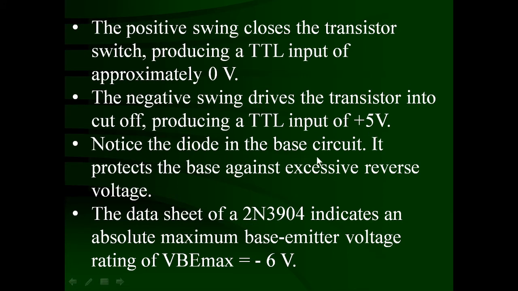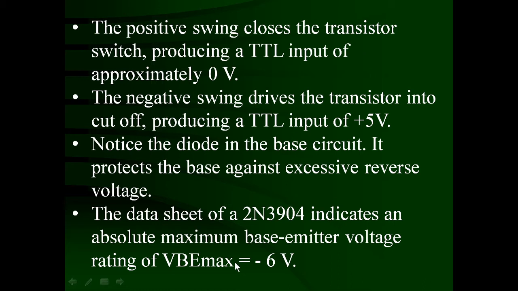Notice the diode in the base circuit. It protects the base against excessive reverse voltage. The datasheet of a 2N3904 indicates the absolute maximum base emitter voltage rating of VBE maximum is equal to minus 6 volt only.